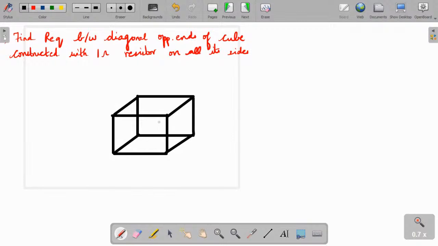What have they given? R equivalent between the diagonal opposite ends. This is one diagonal opposite end, this is A and this is B. Otherwise you can take this point to this point. You can take any of the diagonal opposite points.